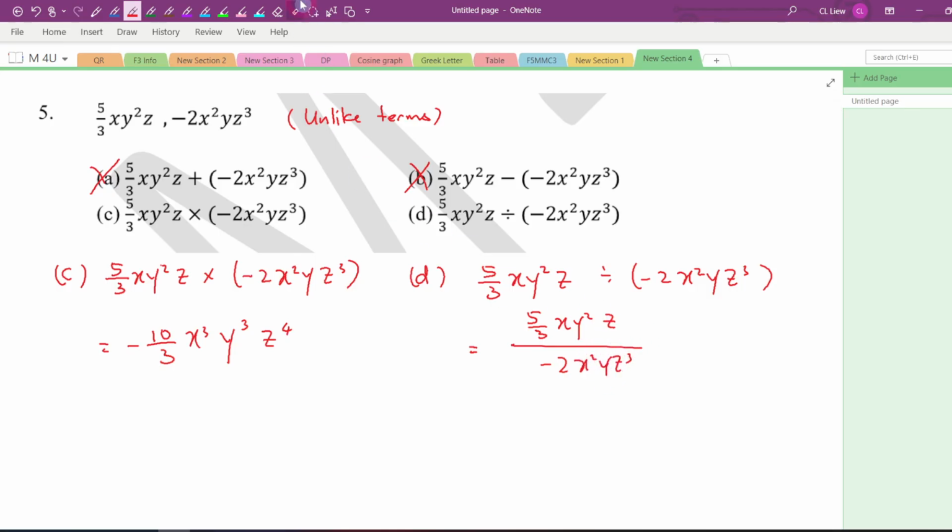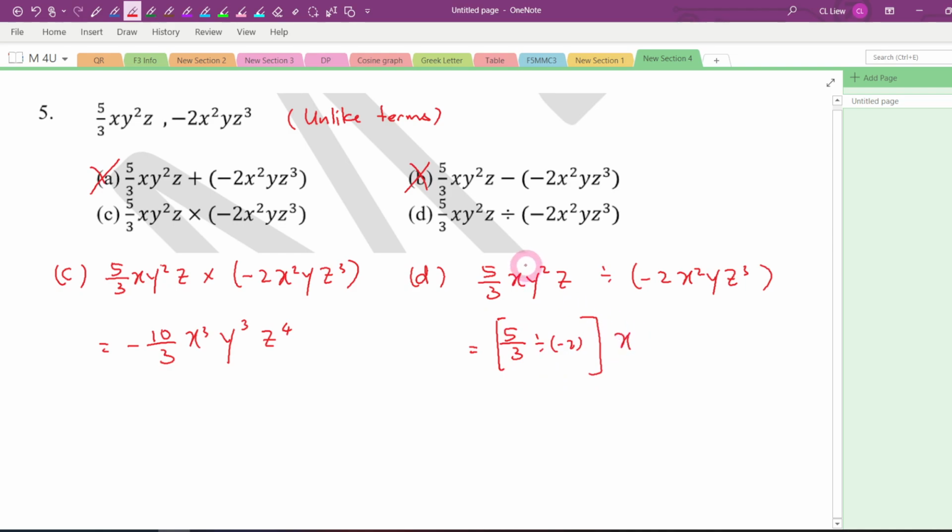This time, let me show you another way. You can just press your calculator, 5 over 3 divided by negative 2. Or if you want to show your steps more clearly, you can do it this way. But in the exam, normally we do not show this step.